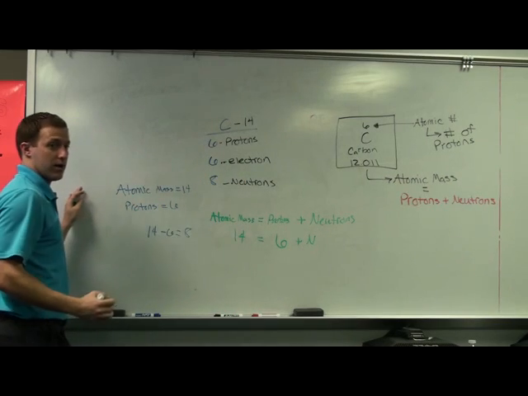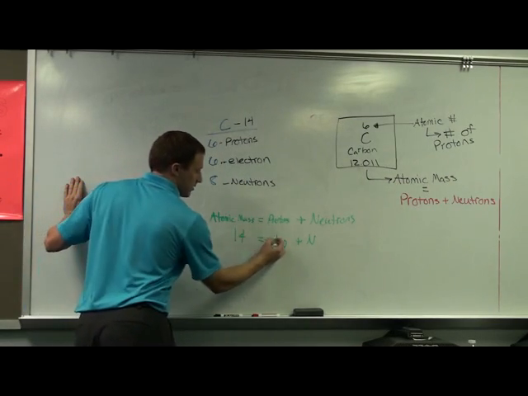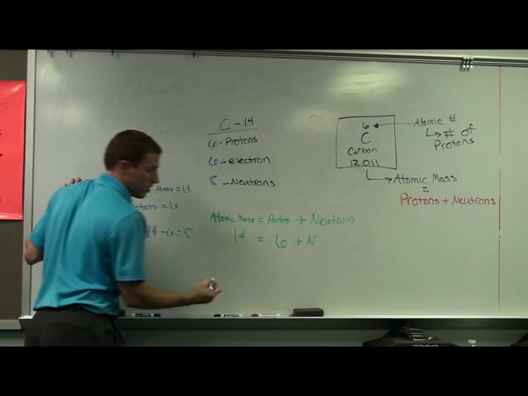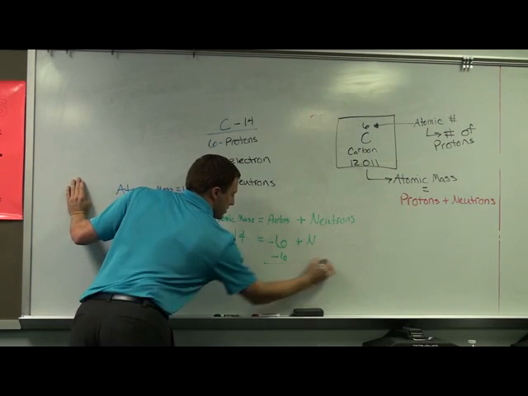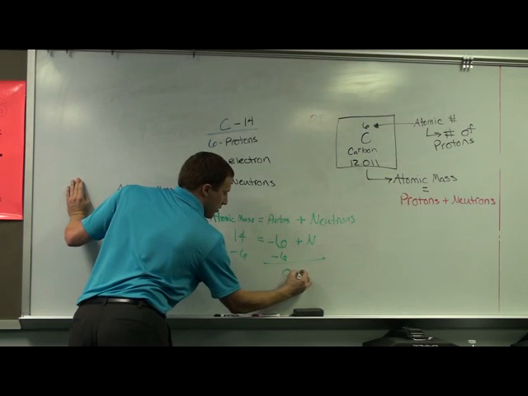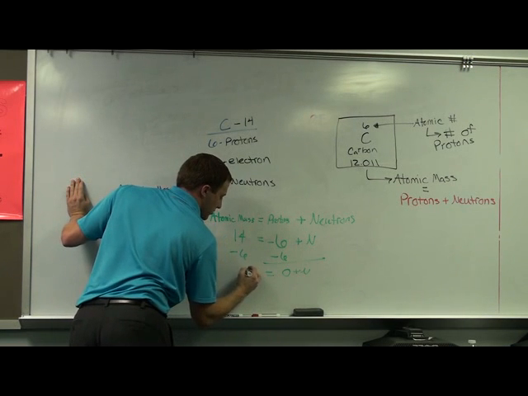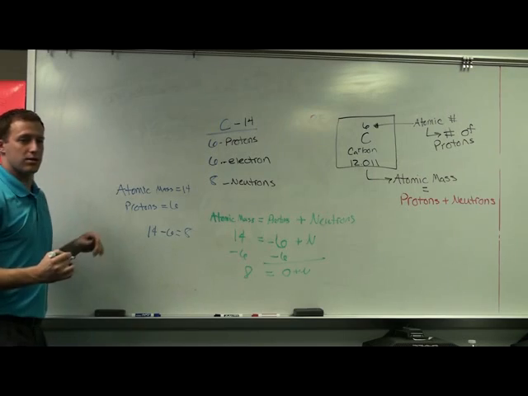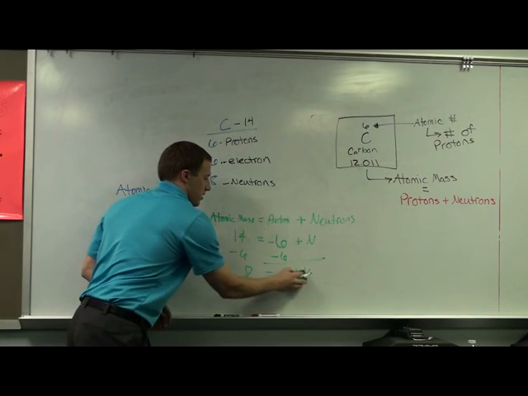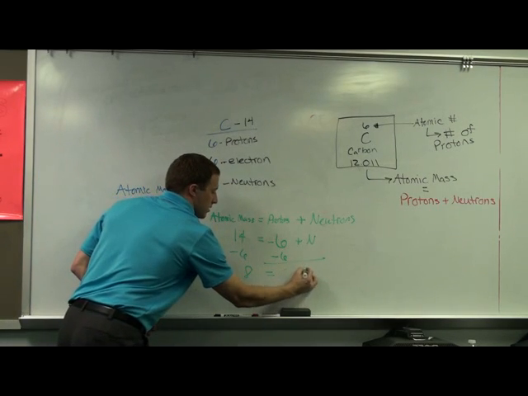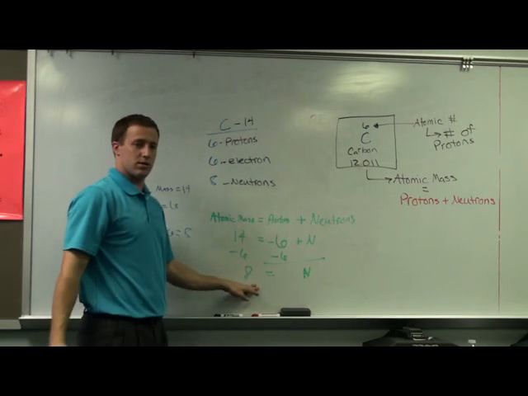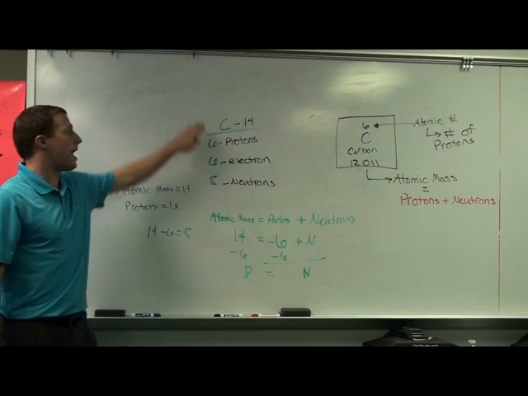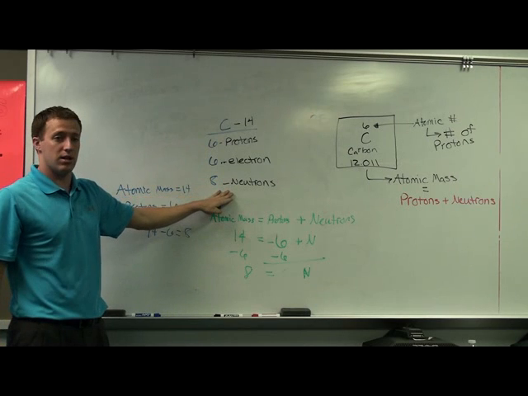We don't know that yet, right? So how do we get the neutrons by itself? Subtract 6. So subtract 6 from both sides. You get 0 plus n equals what? 8. So our neutrons equals 8. So this is an isotope because we changed the neutrons.